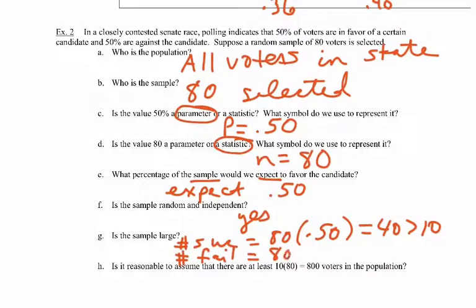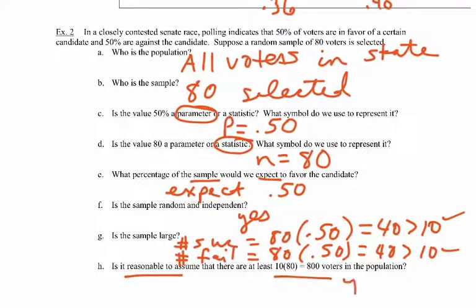It would be 80 times the complement, 1 minus 50%, which would also be 50%. So same number, but we expect half the sample to be in favor and half the sample to be against. But they're both greater than 10. And last, is it reasonable to assume that there are at least 10 times 80 or 800 voters in the population? Yes, absolutely. So the 3 conditions for the central limit theorem are met, and we're going to ask you to check that those conditions are met.